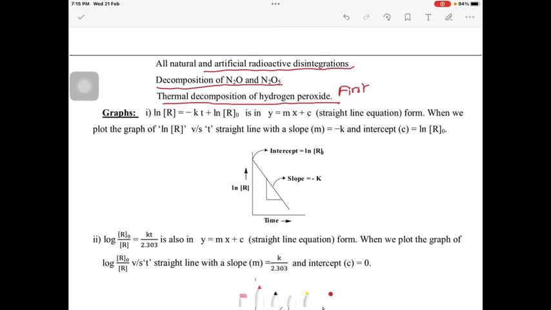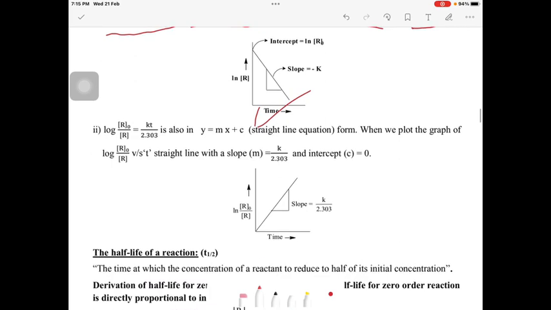Graph for first order: ln [R] is equal to minus kt plus ln [R]0. Y is equal to mx plus c, a straight line. Plot a graph of ln [R] versus time, a straight line with slope minus k, intercept ln [R]0. Log [R]0 by [R] is equal to kt by 2.303, also y is equal to mx plus c, a straight line equation, but with positive slope.